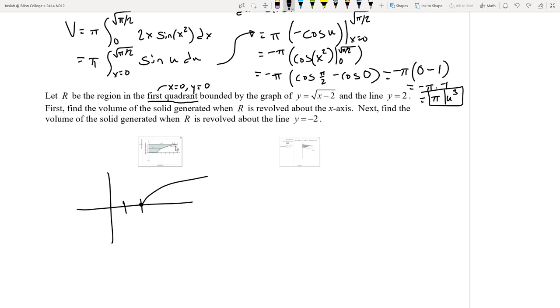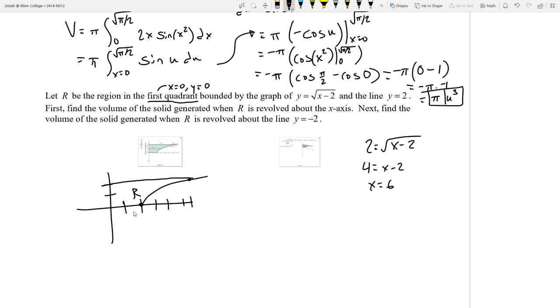Let's pretend that we can't see where that's supposed to cross, so we'll find the intersection, just so I know that I've drawn this correctly. Square both sides: 4 equals x minus 2, so x equals 6. That means this should intersect at 6. So there we go, this is our region.